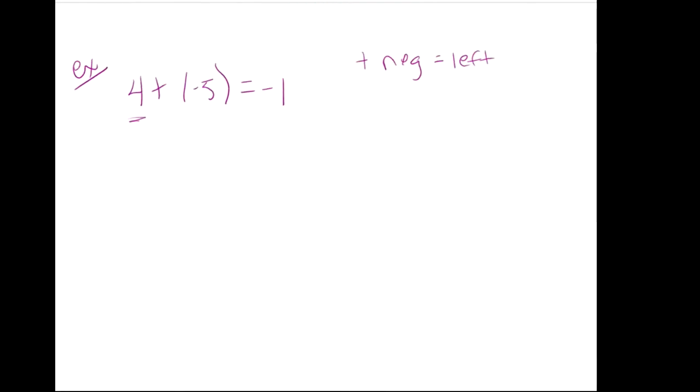All right, next example. I have negative 1 plus 6. All right, now pay attention. I'm not adding a negative this time. I'm adding a positive, which means I move right. So I'm going to start at negative 1.